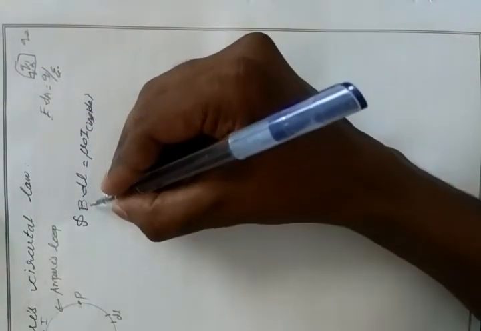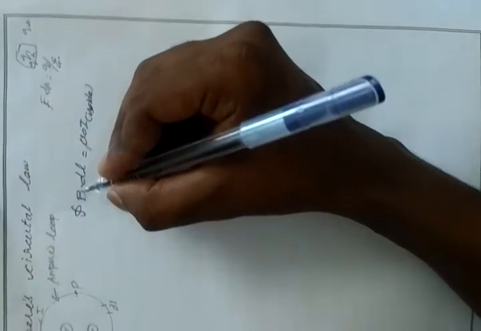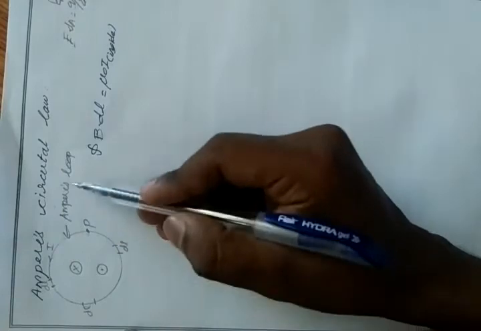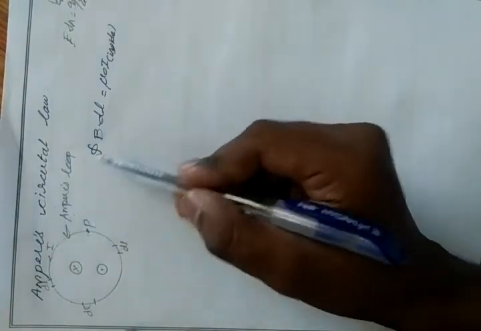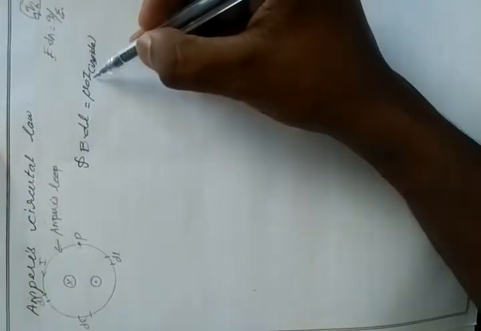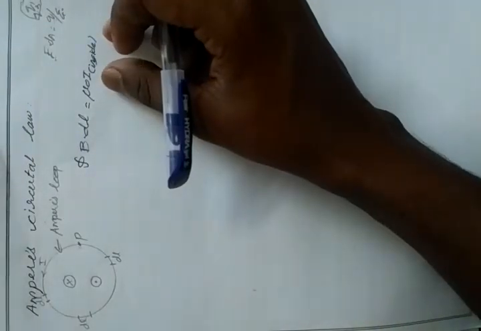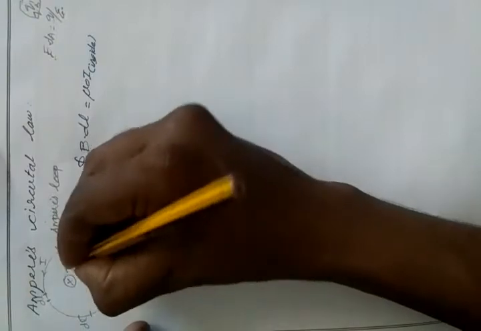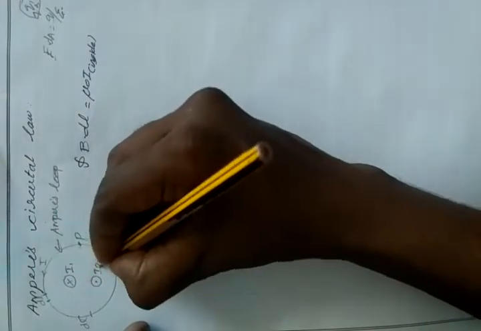Similarly, here B means the magnetic field due to the current inside as well as outside the Ampere's loop. Then what is mu naught I? I means current only inside the loop. We take this current as I1 and this current as I2.